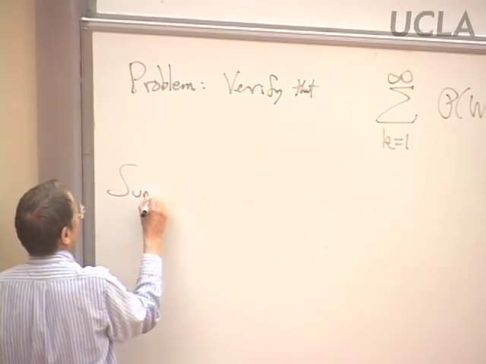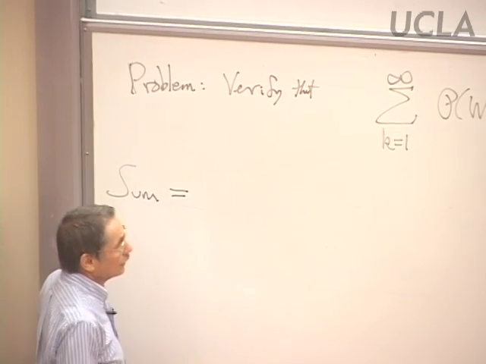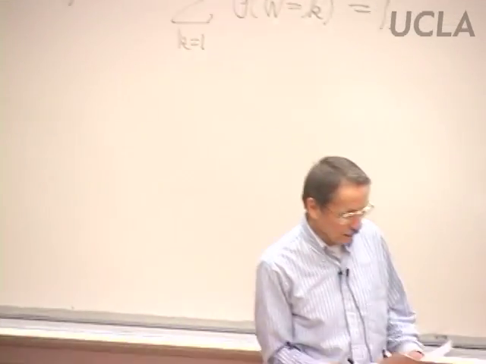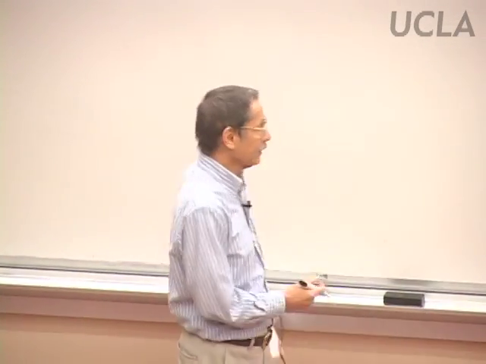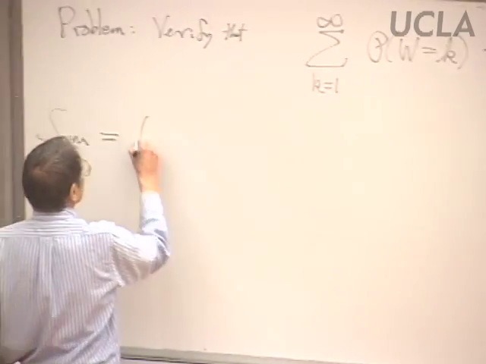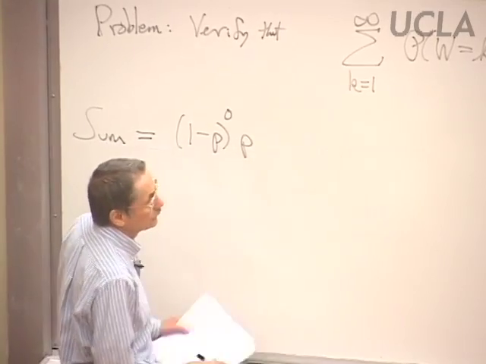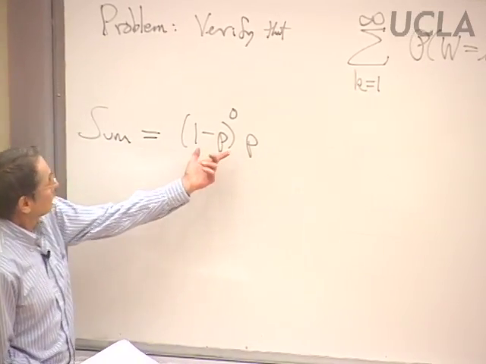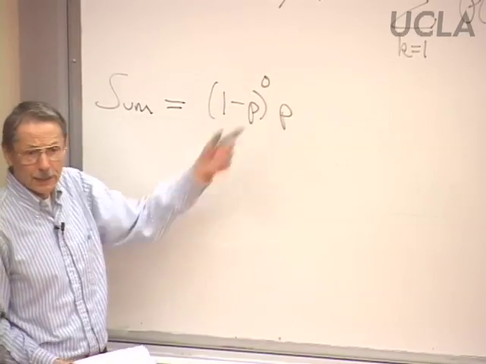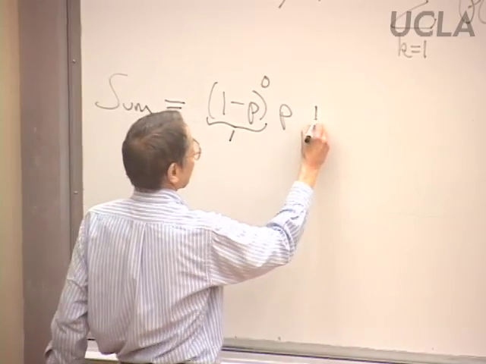Okay, back to calculating this sum. So we want the probability that W is 1, that it succeeds on the very first. So that formula there says the probability that W is 1 is this. Of course, something raised to the 0th power is just 1, so we didn't even need to write that down.